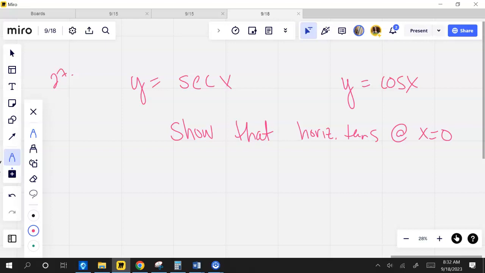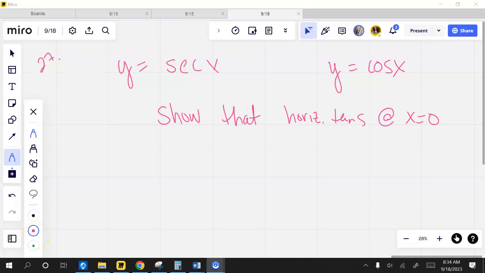It's broke. Well, if anybody has a class that somebody needs to have access to the elevator, we have to move the class for it until they come. How am I going to show that they have horizontal tangents? What the heck? I know it. Hold on.